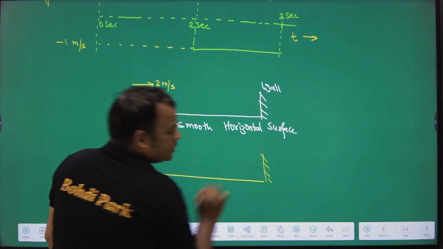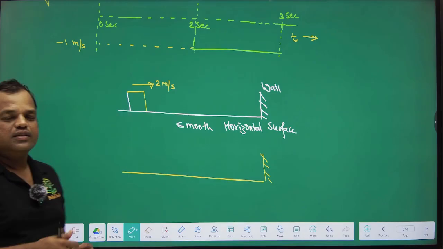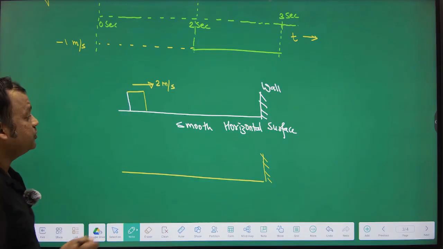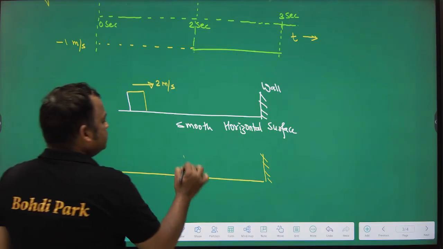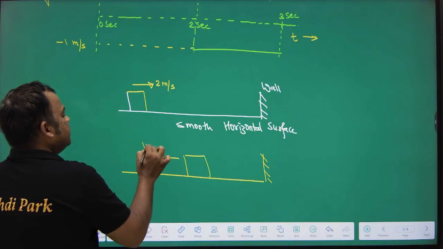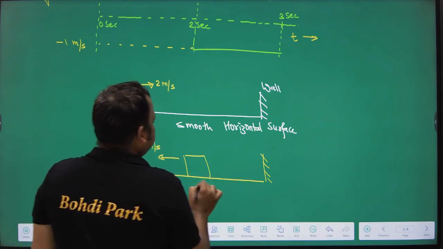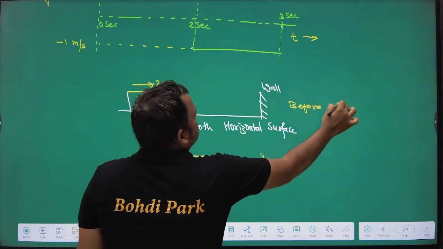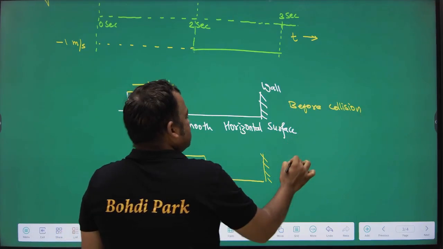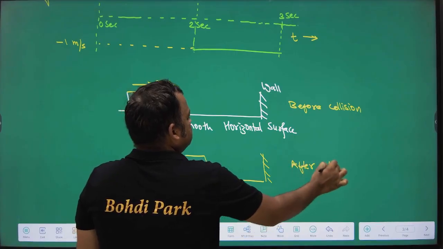So we know that during collision some energy is lost, so it will rebound with some less speed. Say it is going with 1 meter per second after collision. So this is before collision and this is after collision.